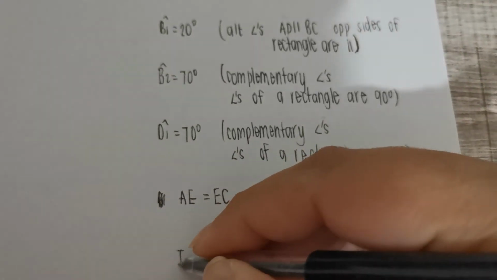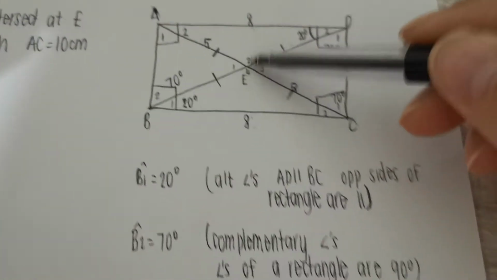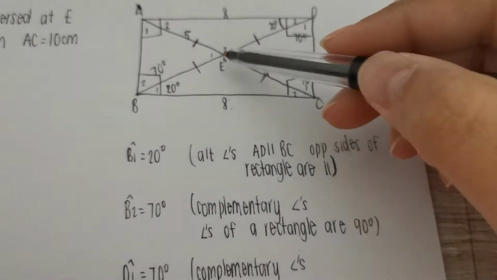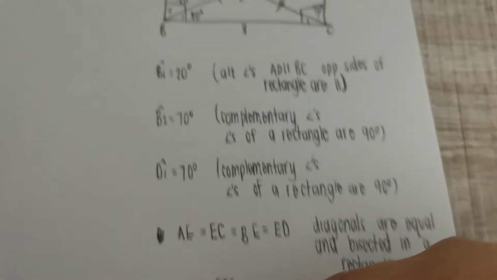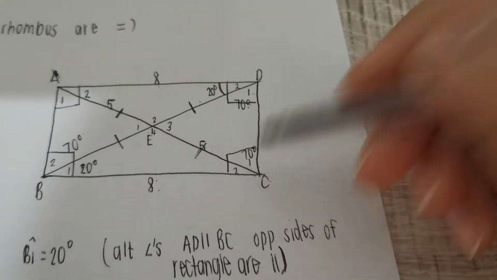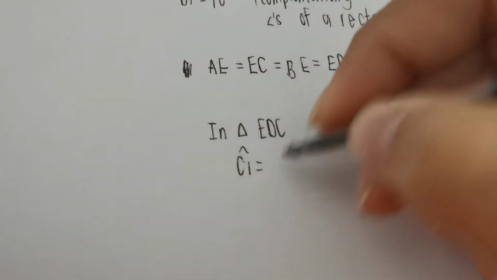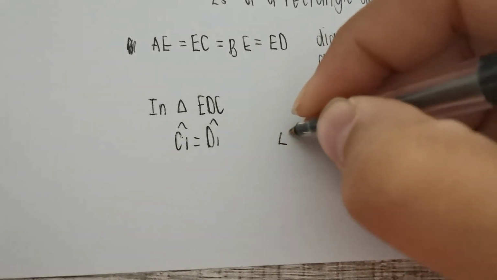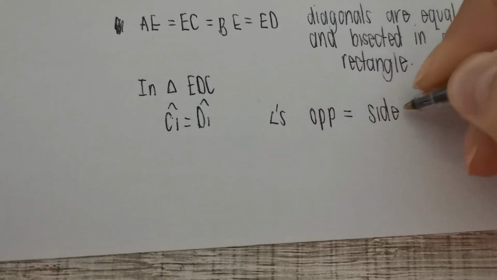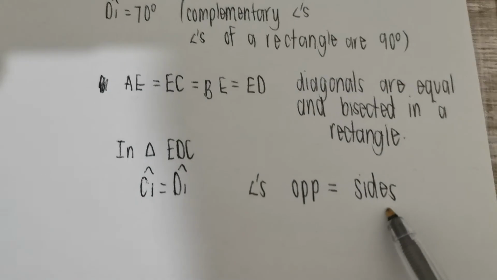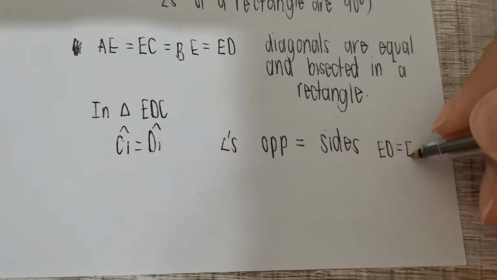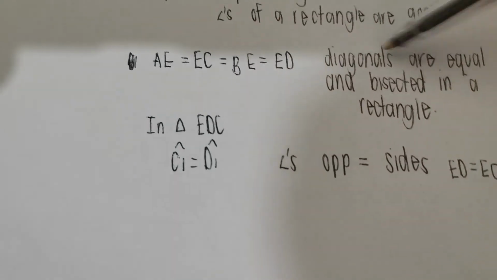Okay, in triangle EDC, ED is equal to EC. Okay, therefore D1 equals C1. Okay, I'm also going to mention exactly which sides are equal. We said ED equal to EC, and that's listed already above here with its reason.